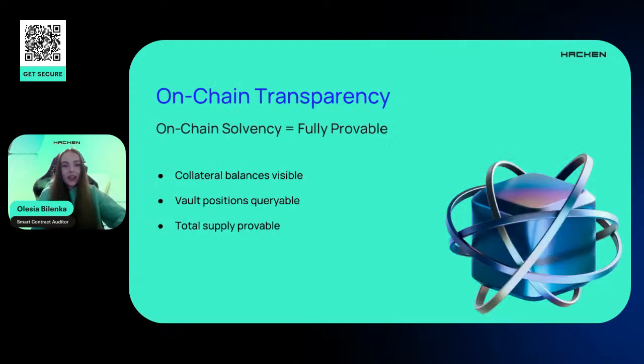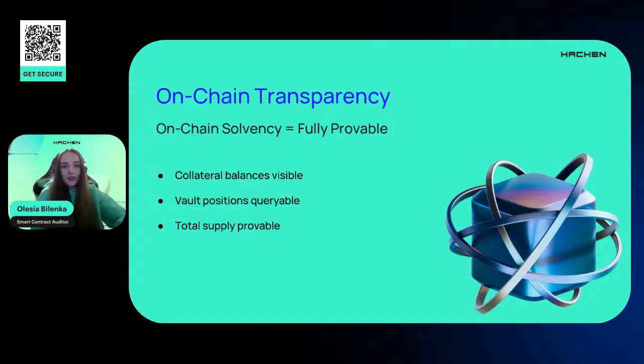And this is where real transparency comes in. On-chain solvency here is fully provable because we can see collateral balances, we can see vault positions, we can see total supply, but as we will see next, transparency alone doesn't make a system stable.